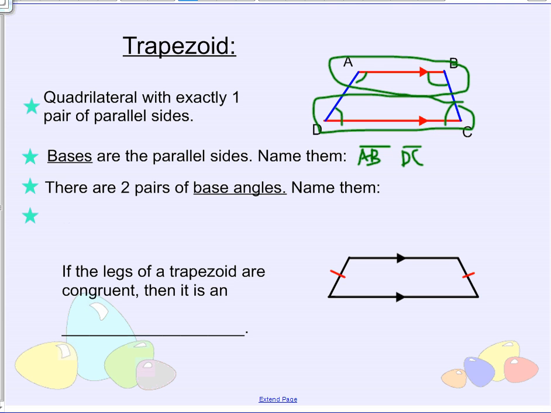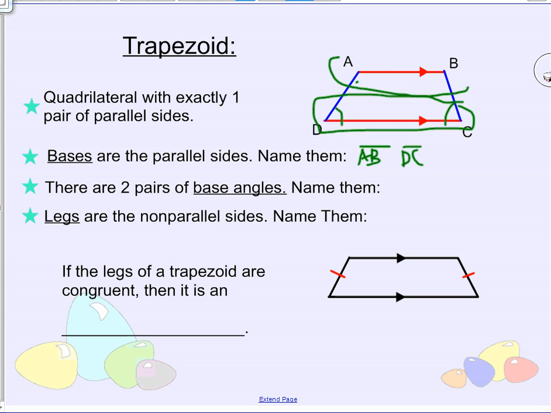And last but not least, the legs are the non-parallel sides. So if you erase all of my scribbling on here, the legs in this particular trapezoid would be AD and BC.